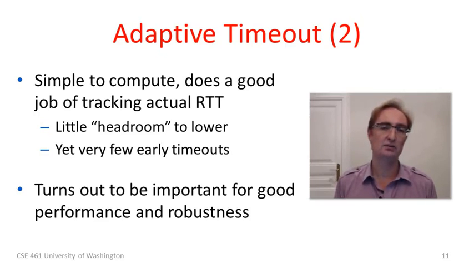Yet it also makes errors rarely, so it's not usually lower than the actual round trip time. So we should expect to have very few early timeouts. And even though we don't know it yet for sure, I can tell you that it turns out to be important to have good robustness and performance to have a good round trip time estimator in practice.